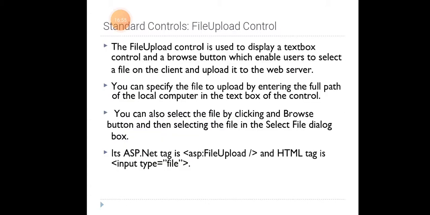Next, the file upload control. It is used for uploading any file. It may be either a document file, image file, video file or audio file. The file upload control displays a text box and a browse button, which enable the user to select a file on the client and upload it to the web server.